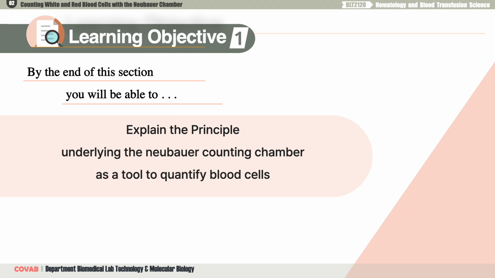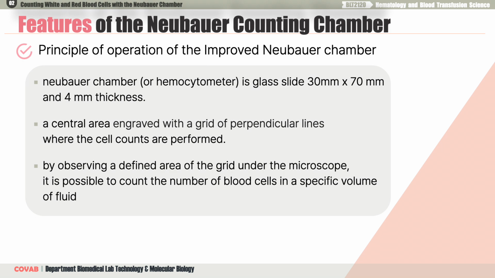By the end of this section, you'll be able to explain the principle underlying the Neubaur counting chamber as a tool to quantify blood cells. Let's begin by describing the features of the Neubaur counting chamber. And we shall look briefly at one piece of principle involved.